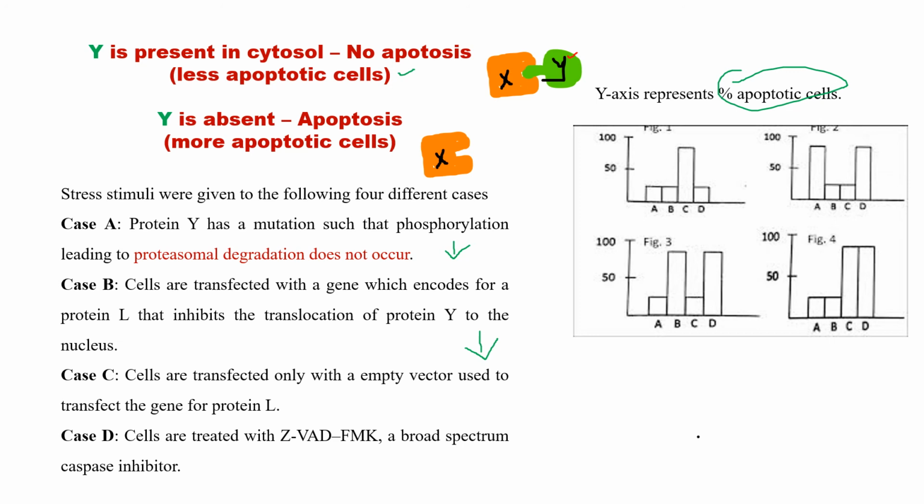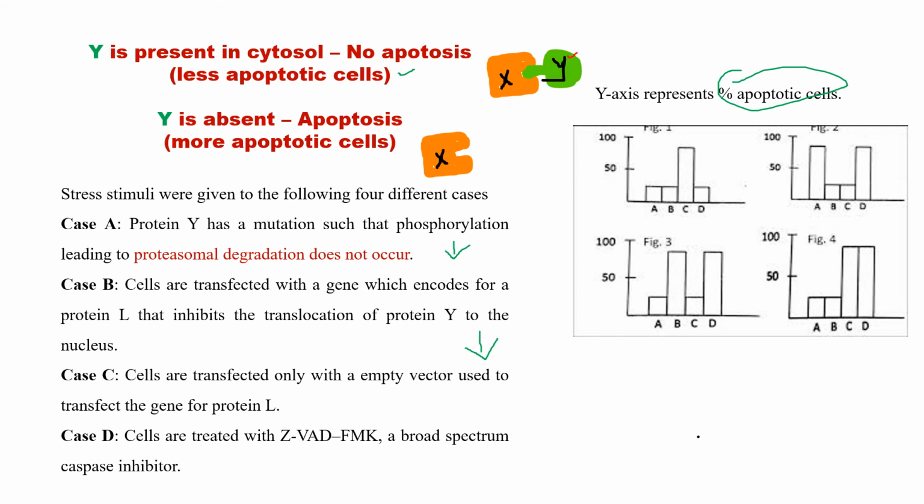Cells are treated with ZVAD-FMK, a broad spectrum caspase inhibitor. We know that caspases are apoptotic proteins that help in cell apoptosis. Caspase inhibitor means it will inhibit caspase protein.